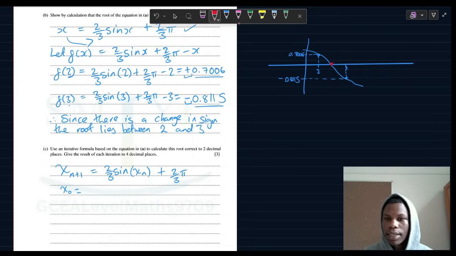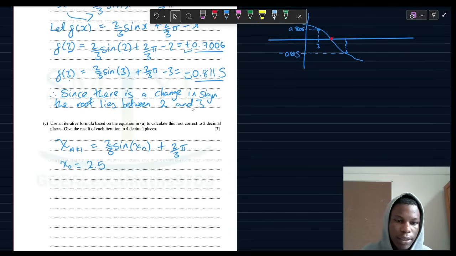I hope you can see from this illustration that our final answer should be closer to around 2.5, the midpoint of 2 and 3. So I'm just going to let our initial value x0 be 2.5, but you can start with either 2 or 3. It just might take longer, and you might have to do a few more iterations.